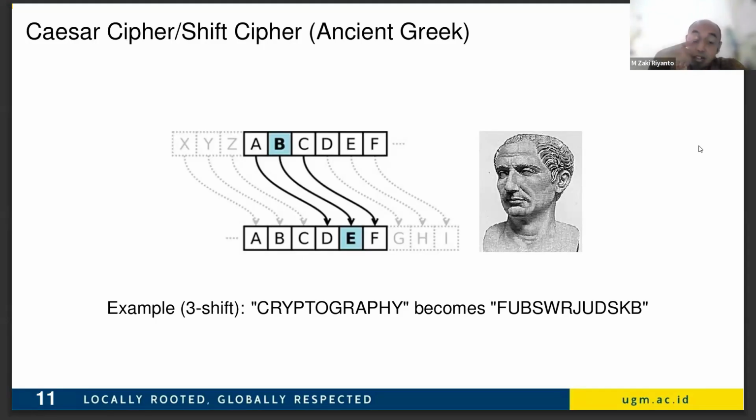For example, if we use a shift of three, then A becomes D, B becomes E, C becomes F, and so on, and X becomes A, Y becomes B, and Z becomes C. So using a shift of three, the message cryptography becomes a scrambled word, FUBSWRJUDSK. So the meaningful message becomes a scrambled message.